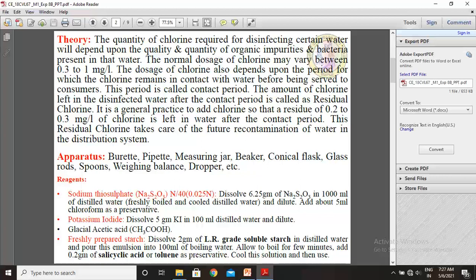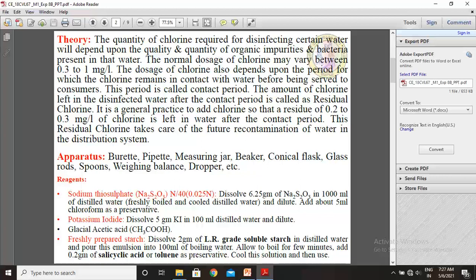It is a general practice to add chlorine so that a residue of 0.2 to 0.3 milligram per liter of chlorine is left in water after the contact period. This residual chlorine takes care of the future recontamination of water in the distribution system. So this is the background of these experiments.